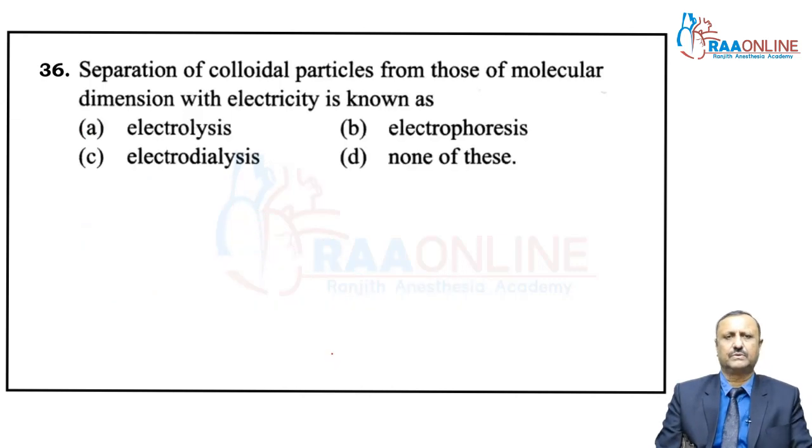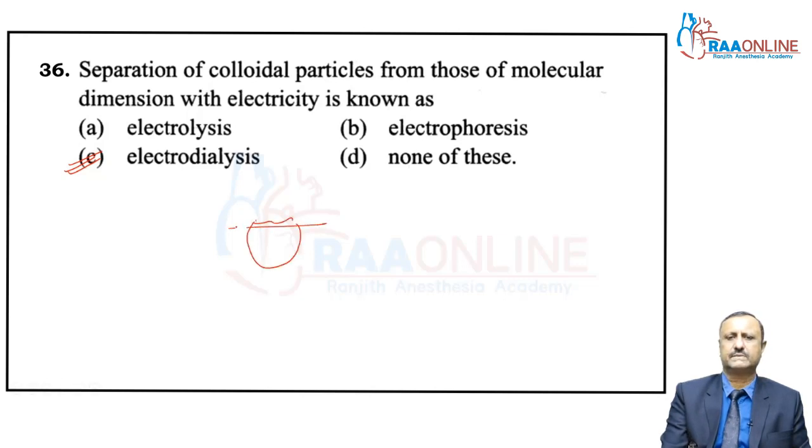Now, we can go to question number 36. Separation of colloidal particles from those of molecular dimensions with electricity. This is called electrodialysis. Because in electrodialysis, we can separate the colloidal particles from cations and anions.